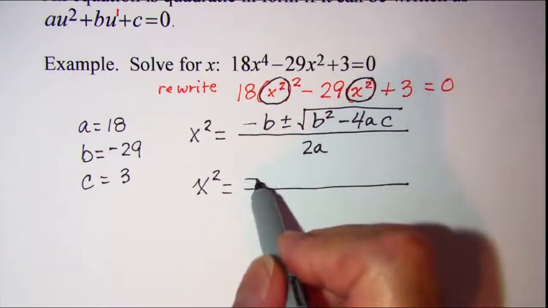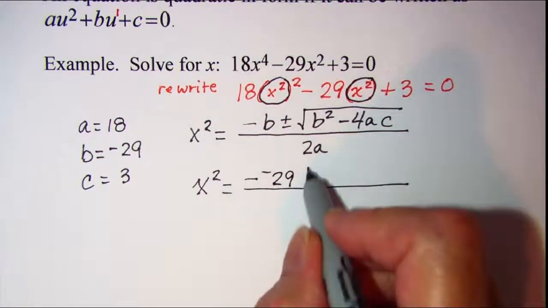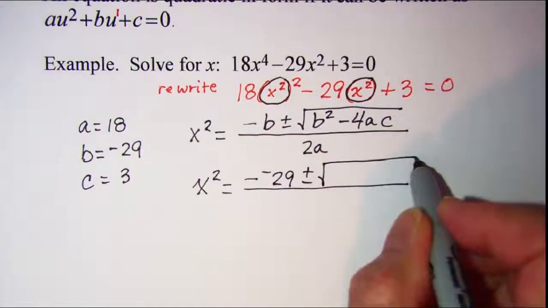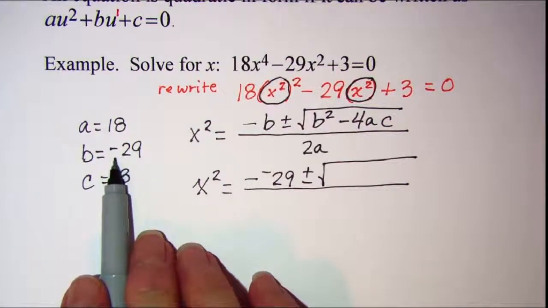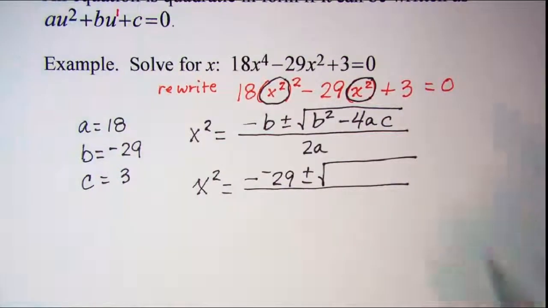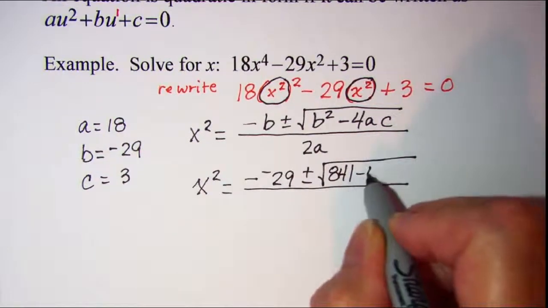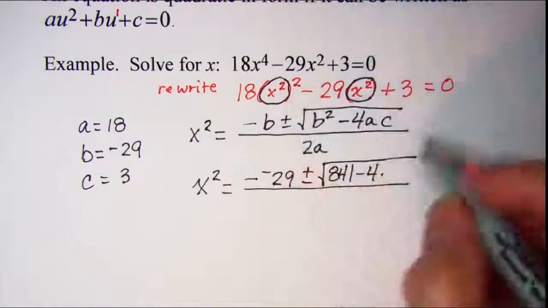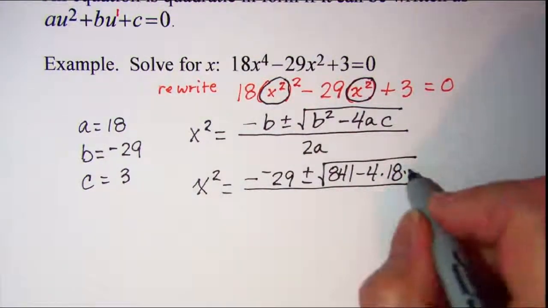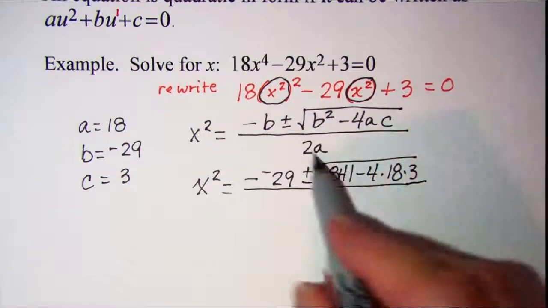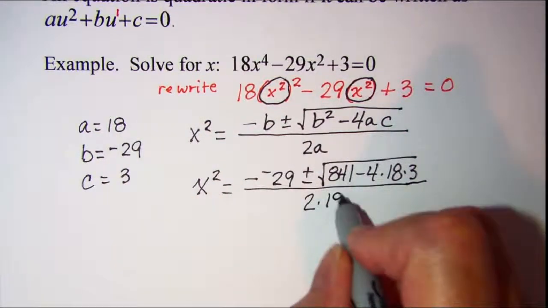So I have negative, b is a negative 29, plus or minus square root of b squared, so I need negative 29 squared, which is 841, minus 4 times a, which is 18, times c, which is 3, and that's all over 2 times a, which is 18.